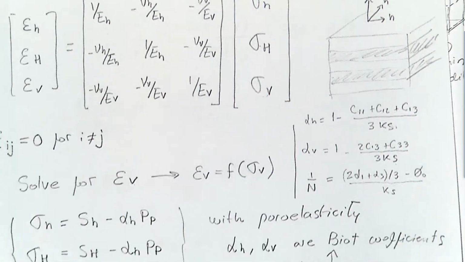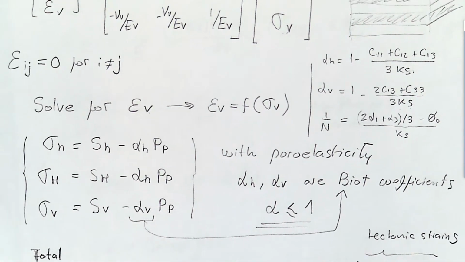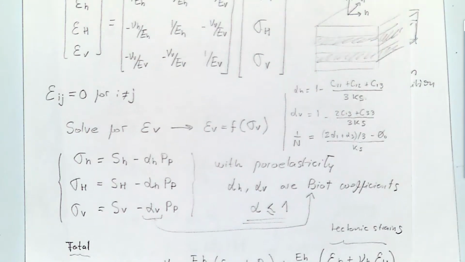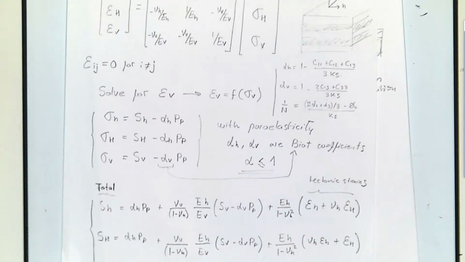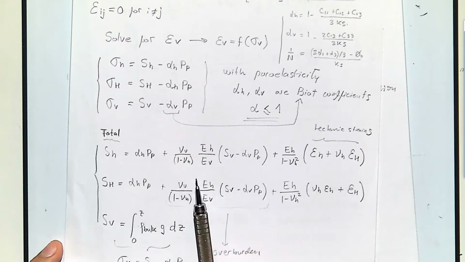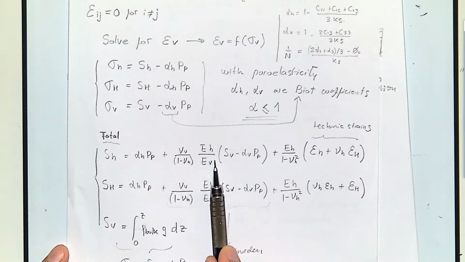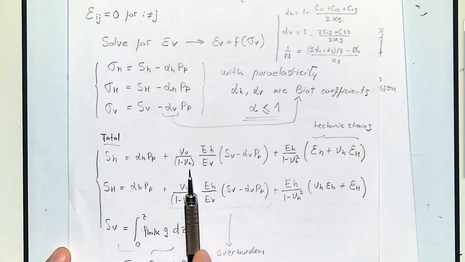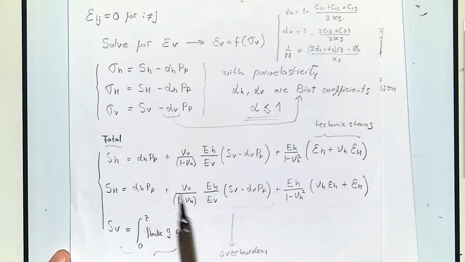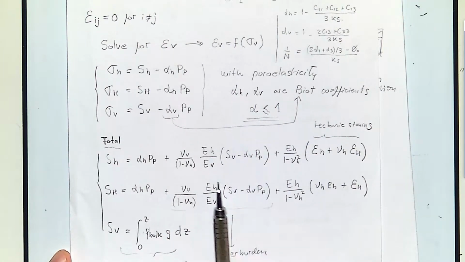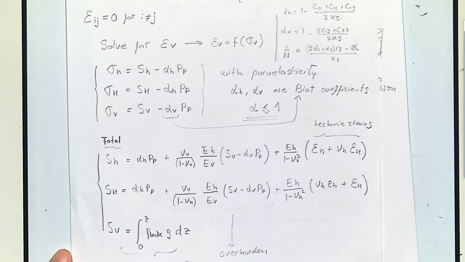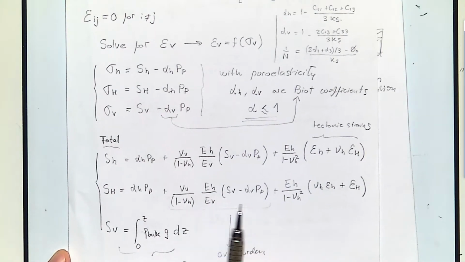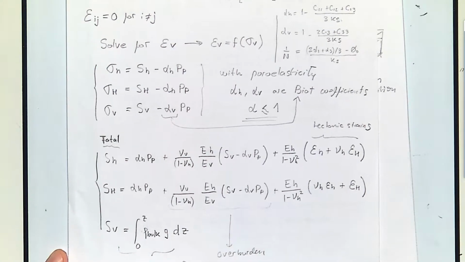So now that we know all the anisotropic properties, you can solve for this equation. You have everything. You have horizontal Young modulus, horizontal Poisson ratio, horizontal Biot coefficient, vertical Young modulus, vertical Poisson ratio, and the tectonic strains. You have everything we need.